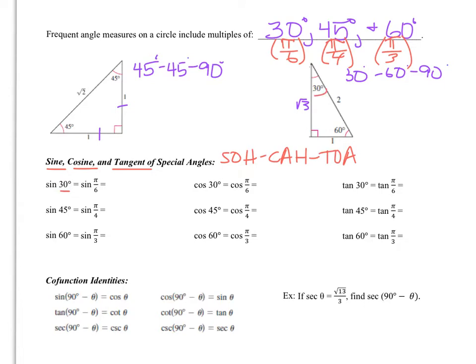Over here on the right triangle, I'm going to put that theta symbol. Sine represents the opposite side divided by the hypotenuse. From that theta, the opposite side length is 1, and the hypotenuse is 2. So sine of theta is equal to 1/2.